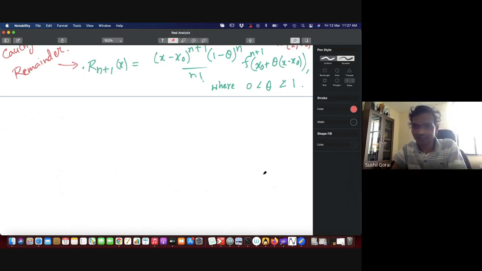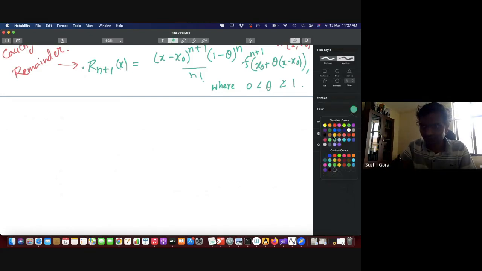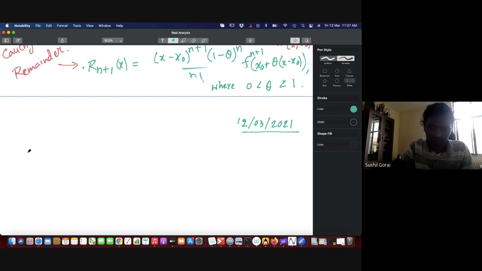So here is the notation. Consider this interval (a,b).